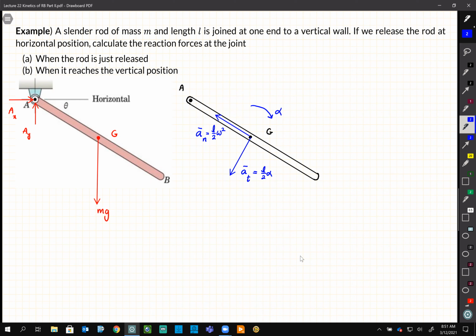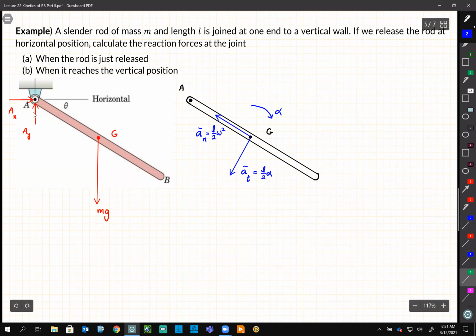So what we need to do is write the Euler's equations. Let's start writing them here. But first, something maybe we can think about. Should we use the coordinates horizontally and vertically, or do you think we're better off using X, Y along this bar and normal to it?